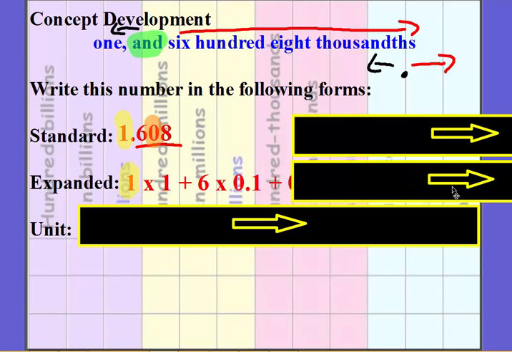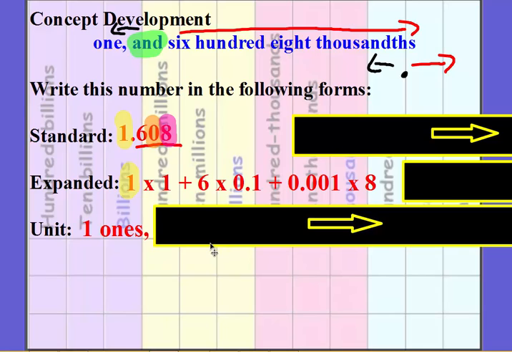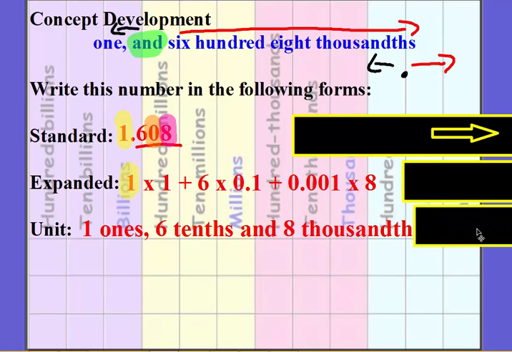So I'm going to skip my hundredths, and I go straight to thousandths. How many thousandths do I see? I see 8 thousandths, so I need to multiply it by 8. For my unit, I'm going to do the same thing, but I just write it out. I have 1 one, I have 6 tenths, and I have 8 thousandths.